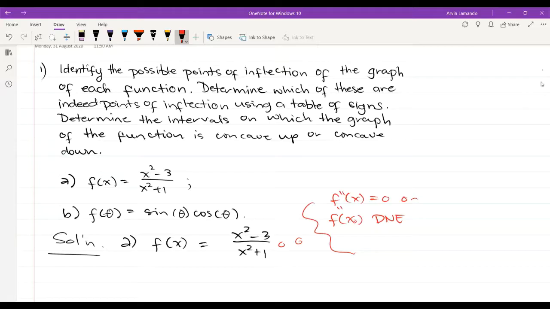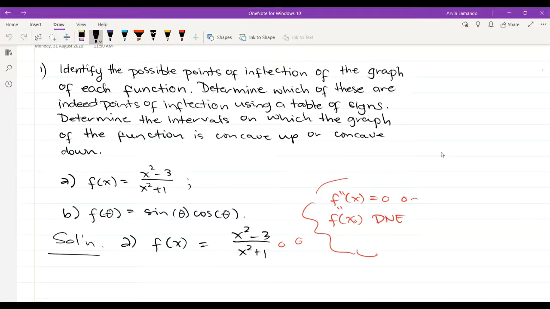But we will see later on that the second derivative of f is defined for all values of x. So let us actually compute the second derivative of f.